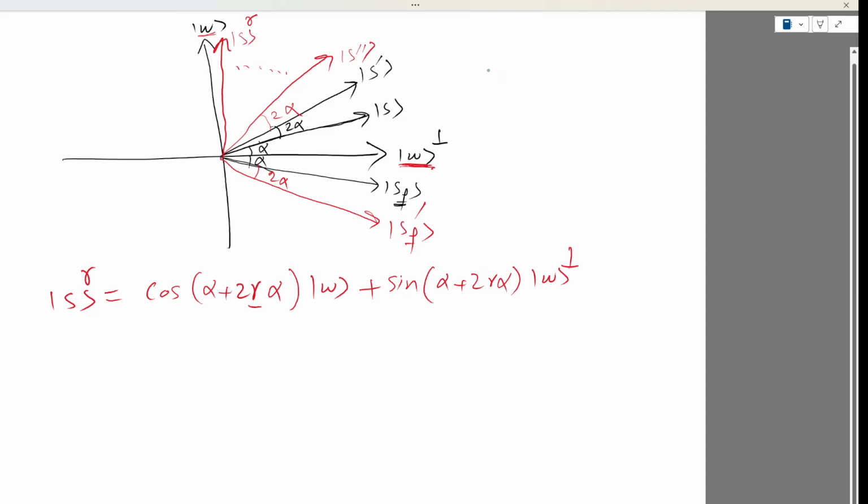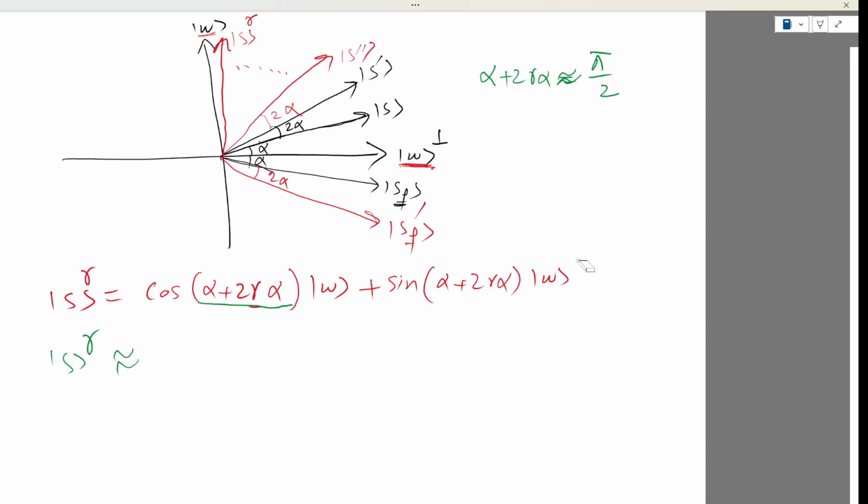Let's choose alpha plus 2R alpha such that this angle after R applications becomes pi by 2, or at least near pi by 2, because at that stage, when this condition is satisfied, this SR state would be nearly, okay, I think I made an error.